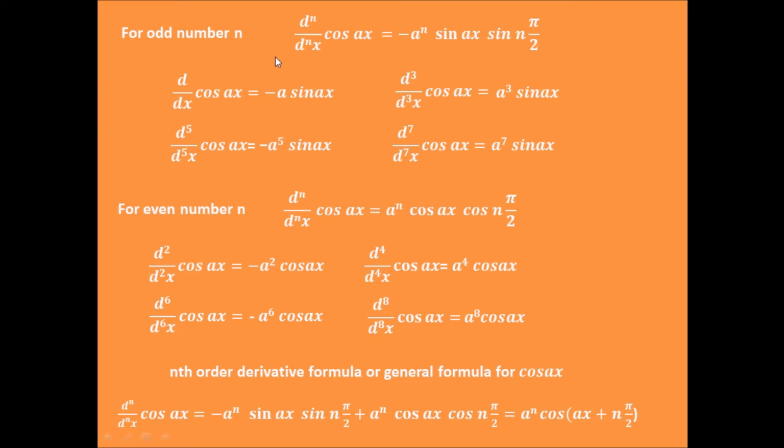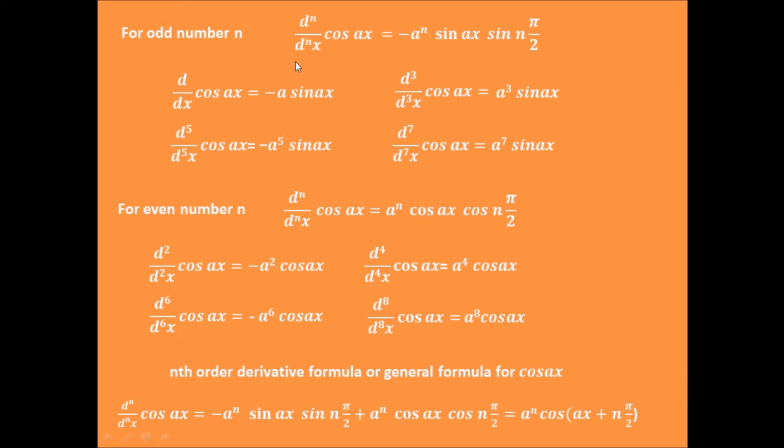For example, for n equals 1, we have minus a times sine ax times sine pi divided by 2, which equals 1. So, based on this assumption, we have the first order derivative of cosine ax equals minus a times sine ax, which is exactly the same as what we got on the previous page.